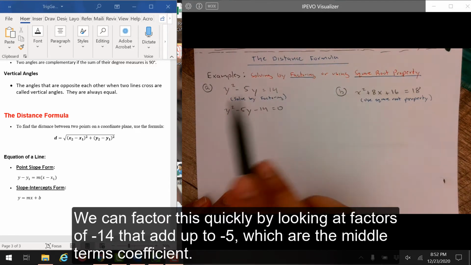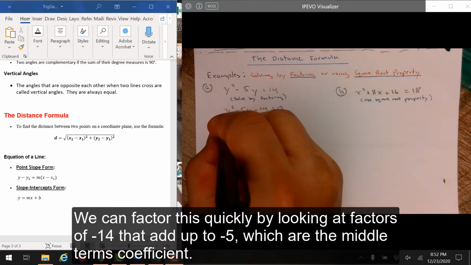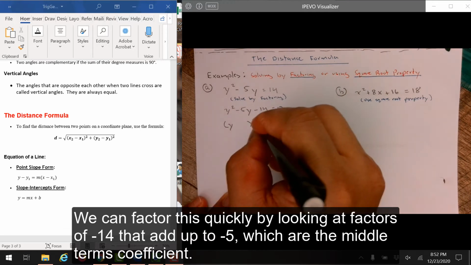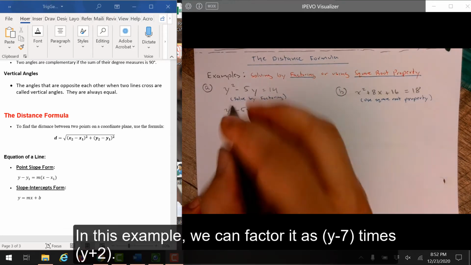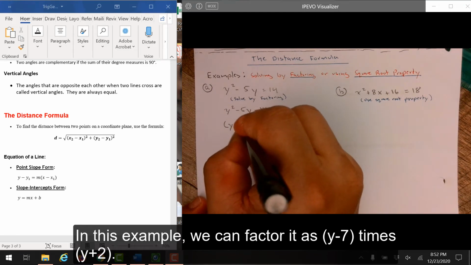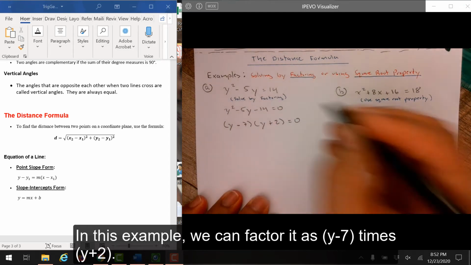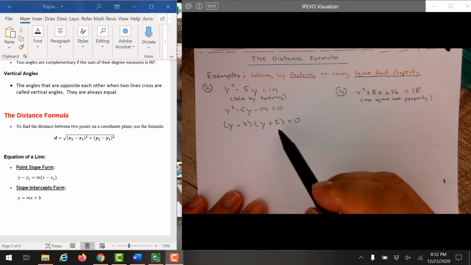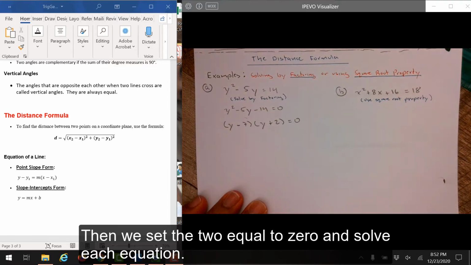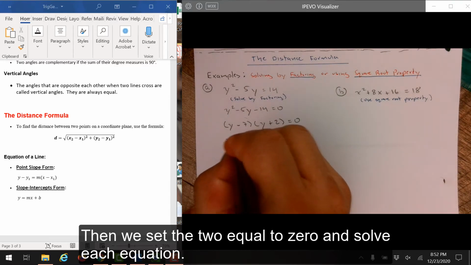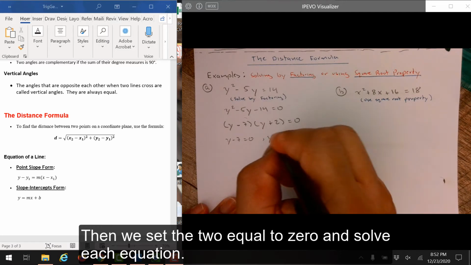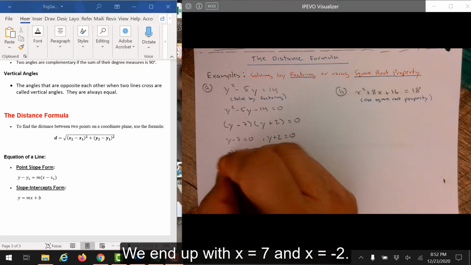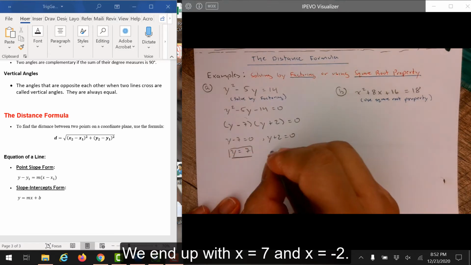We can factor this quickly by looking at factors of negative 14 that add up to negative 5, which is the middle term's coefficient. In this example, we can factor it as y minus 7 times y plus 2. Then we set the two factors equal to 0 and solve each equation. We end up with x equals 7 and x equals negative 2.